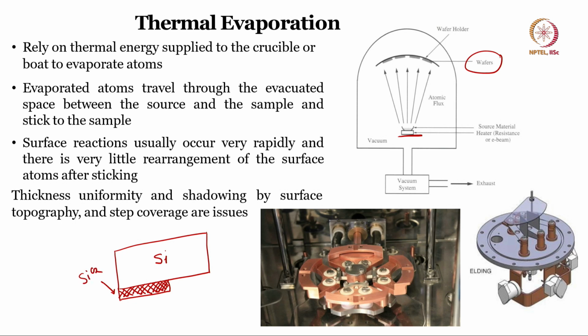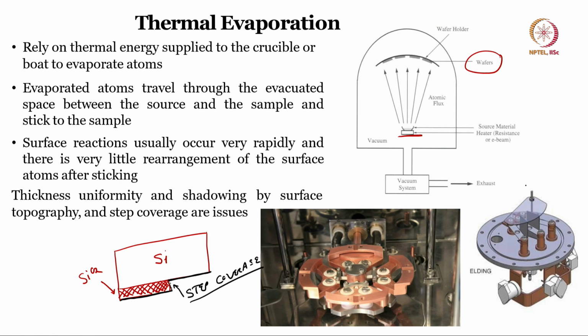The metal will get deposited more or less uniformly onto this area, onto this area. This is our metal on silicon, but this area will not be covered that uniformly. This step coverage is poor in case of thermal evaporation.